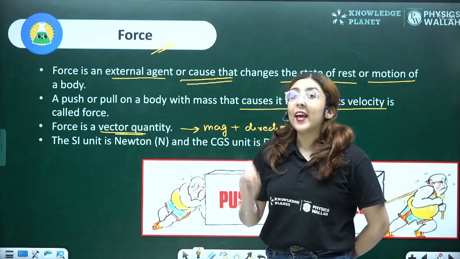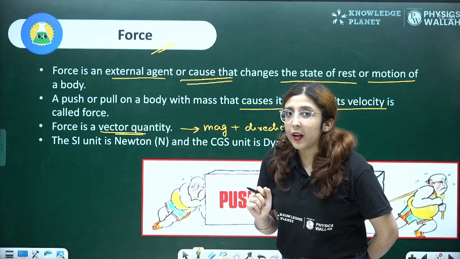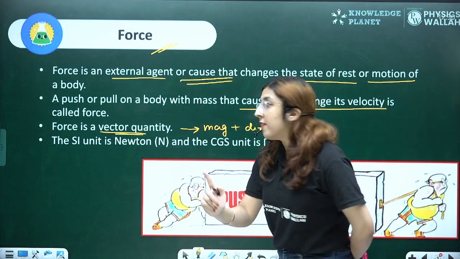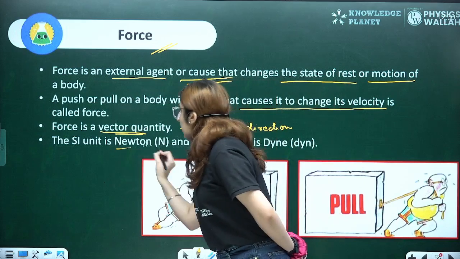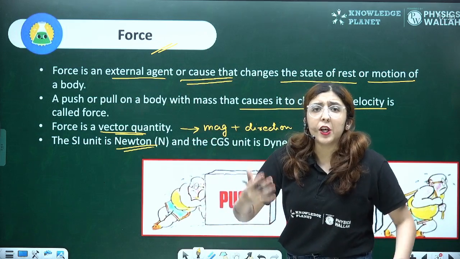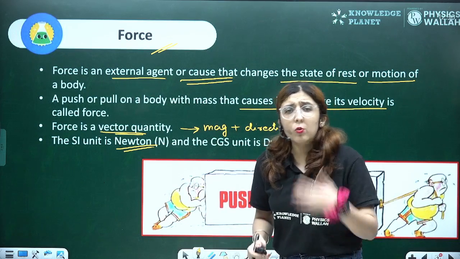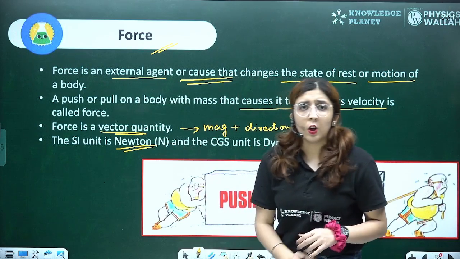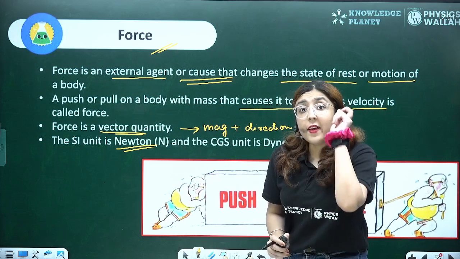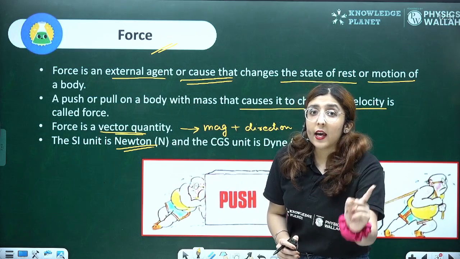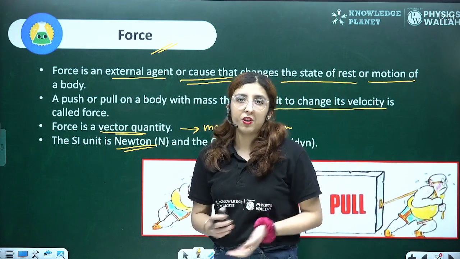As I am saying quantity, there will be a unit. What is the SI unit, everyone? SI unit, System of International Units, the unit that we use for all the experiments and observations. It is nothing but Newton. Whenever we talk about SI units, we always talk about CGS units, kids.